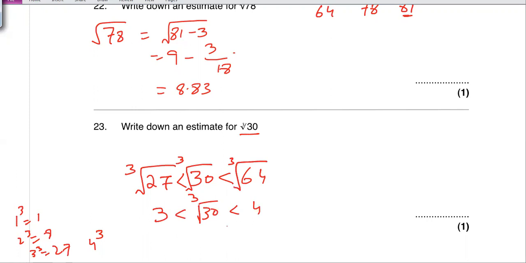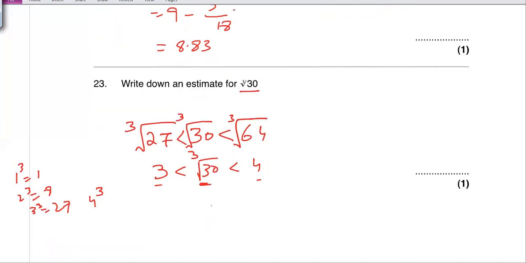Which one is closer? It's between 3 and 4, so its answer will be between 3 and 4. So you can take halfway between 3 and 4, and say approximately it will be 3.5.